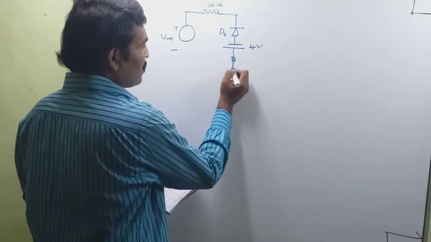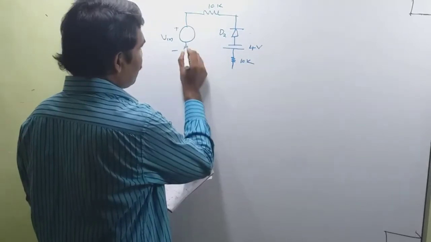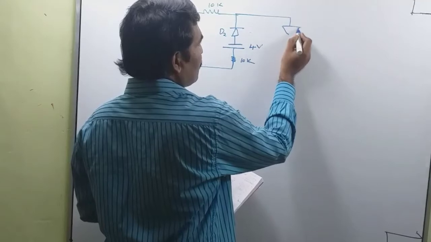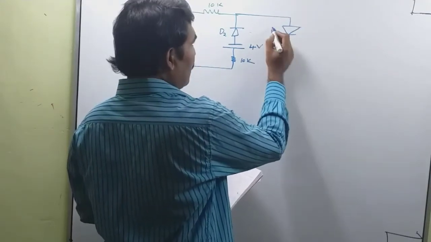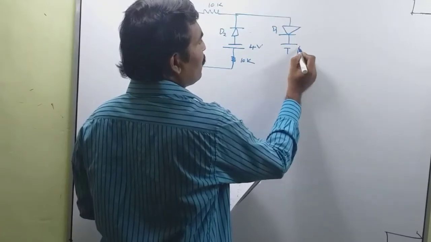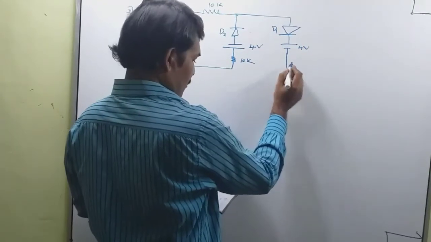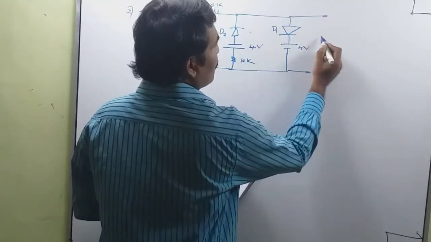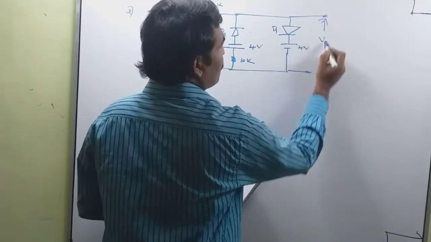Then there is a resistance of 10k. The circuit is closed. Then we have another diode, this diode is D1, and a battery source of 4 volt. Let this be the output.